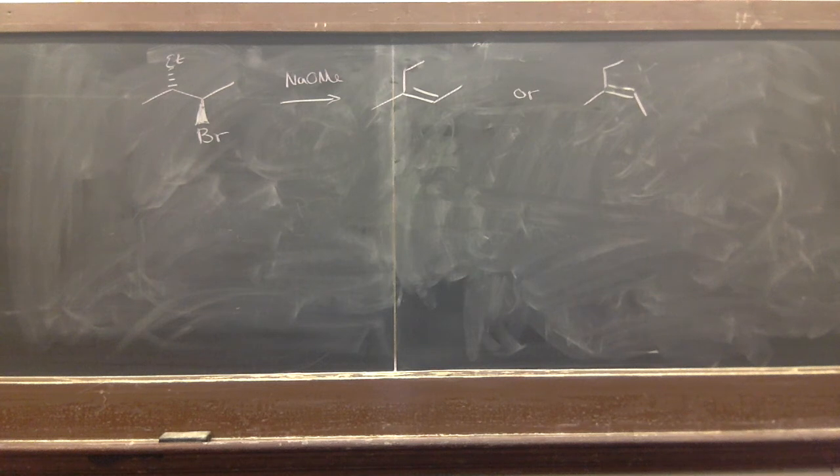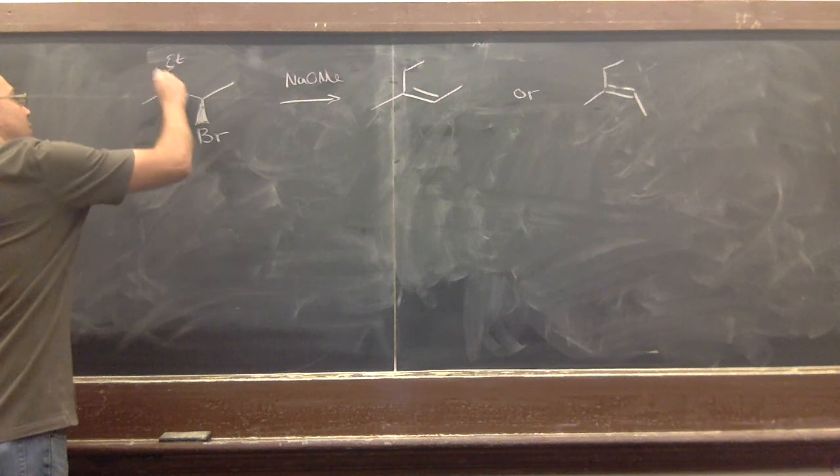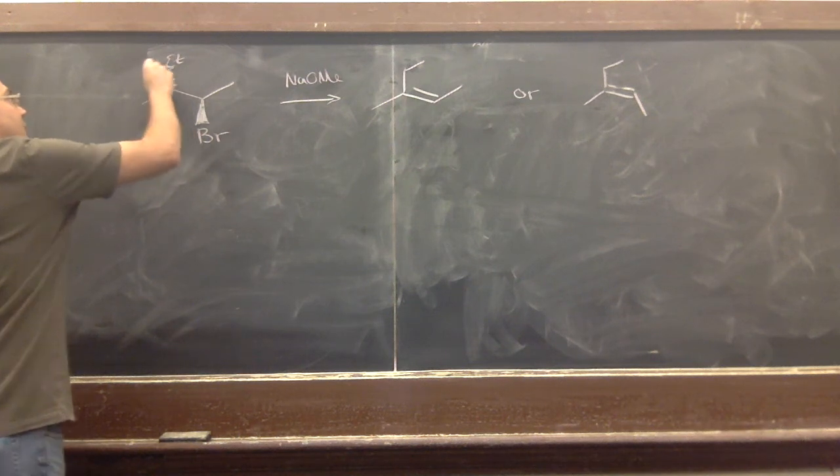So what do we need to have happen in order for an E2 elimination to take place? Yeah, so we need anticoplanar. As it is drawn right now, is this bromide anticoplanar to that hydrogen?